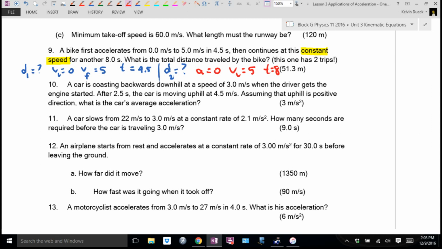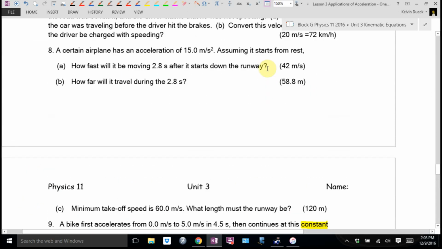8C. Okay. So it wants you to find that. You know V final is 60. V initial is 0. It does say, assuming it starts from rest. A equals 15.